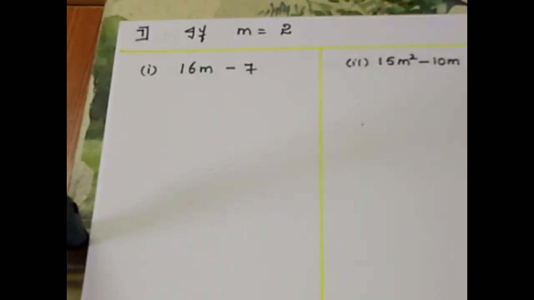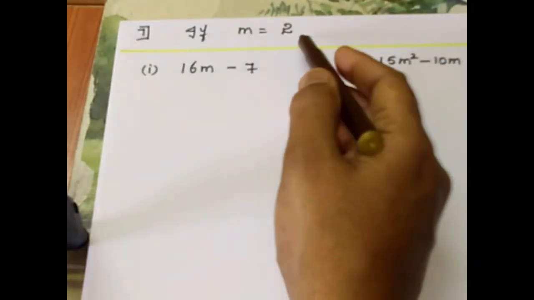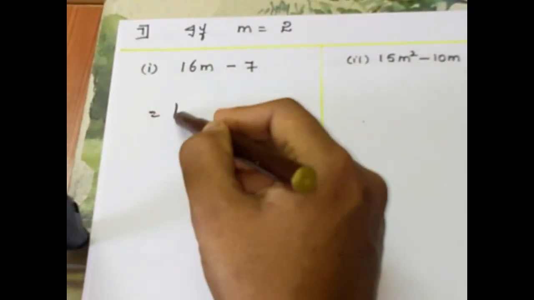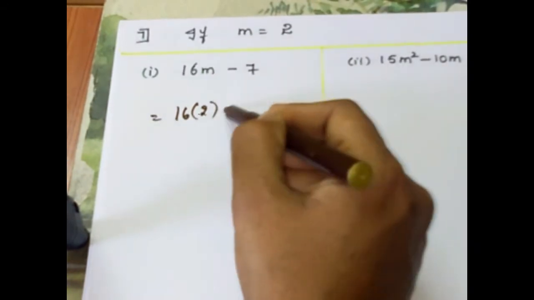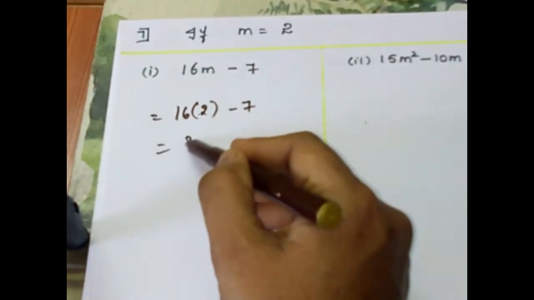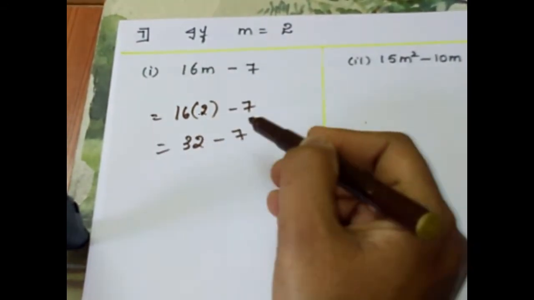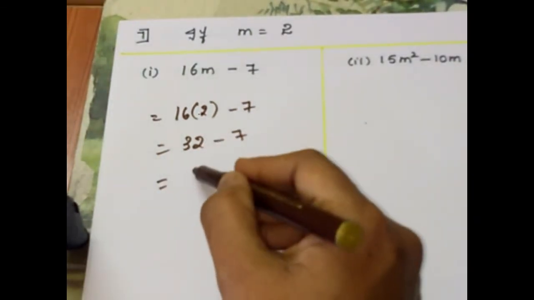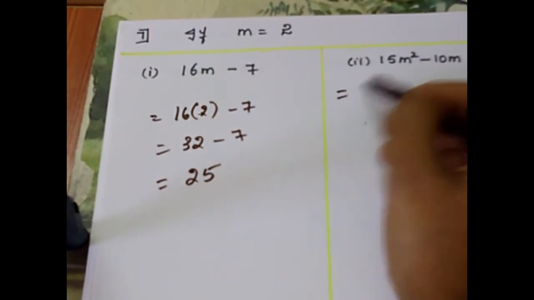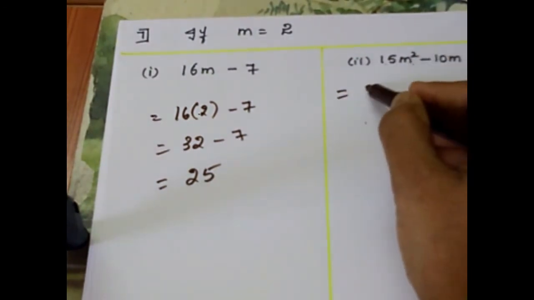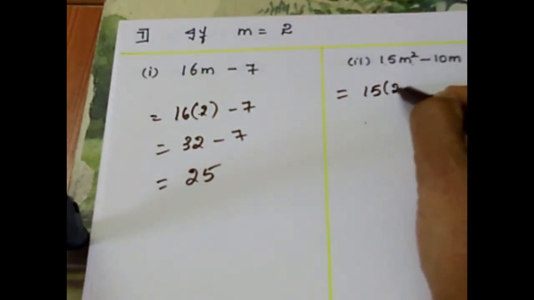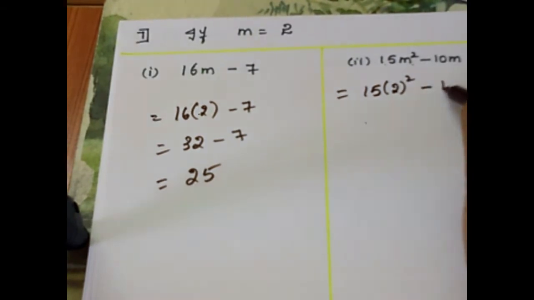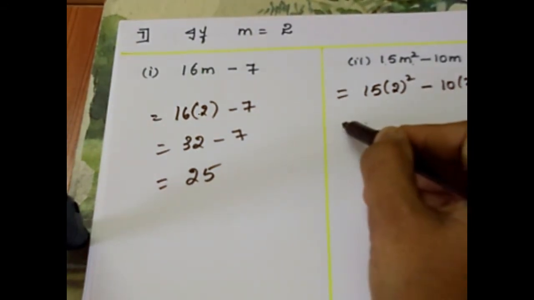Next, question number 7. Value of m is 2. Come on, substitute. 16 into 2 minus 7. 16 2s are 32. 32 minus 7 is 25. Now 15m square. 15 into 2 square minus 10 into 2.